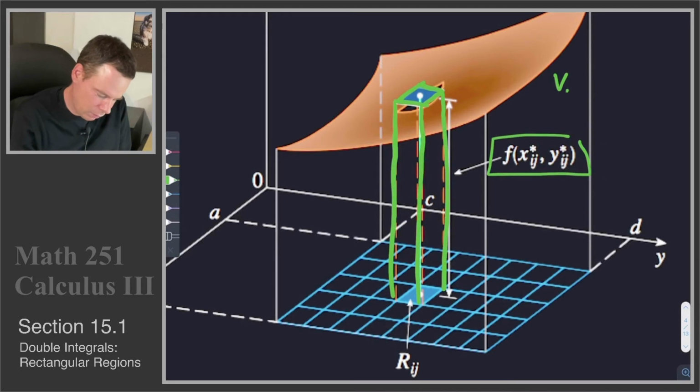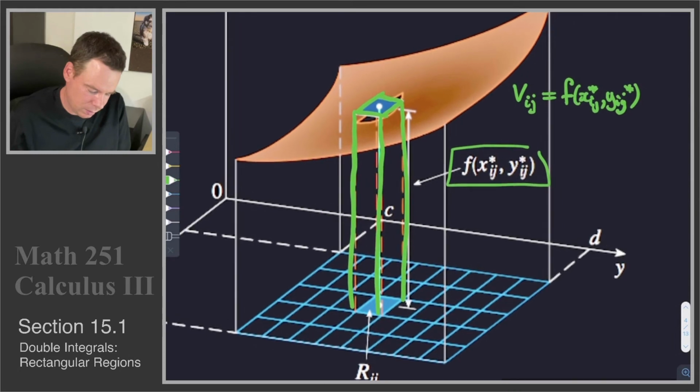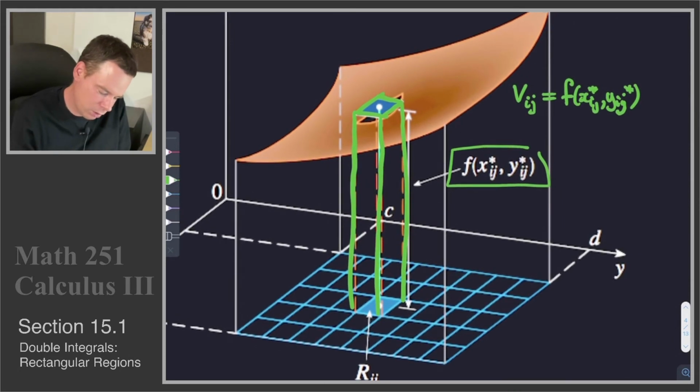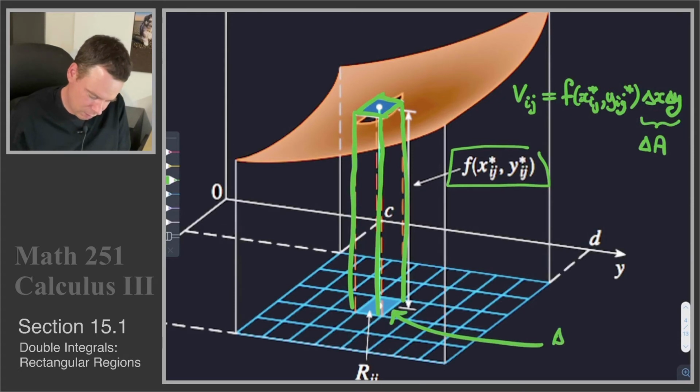And so I can work out what the volume is. The volume of the ijth box is given by the height of the ijth box, which is f of xij star, yij star, multiplied by delta x delta y. This is also what we refer to as delta A. That's the area of this region down here, delta A, which was delta x delta y.